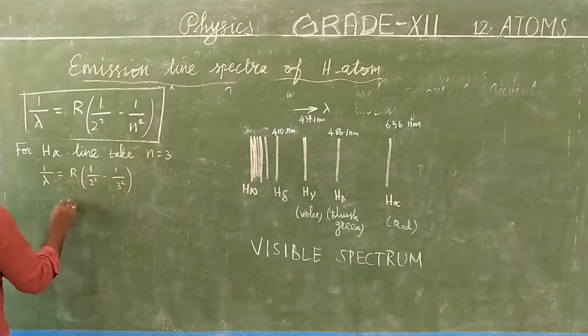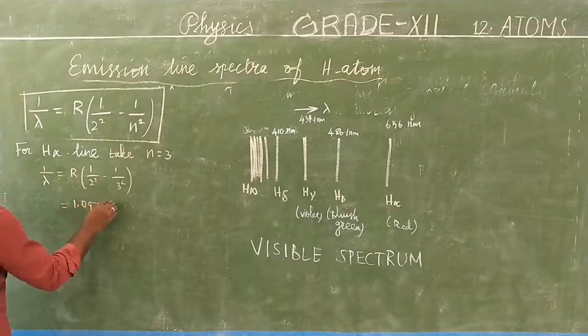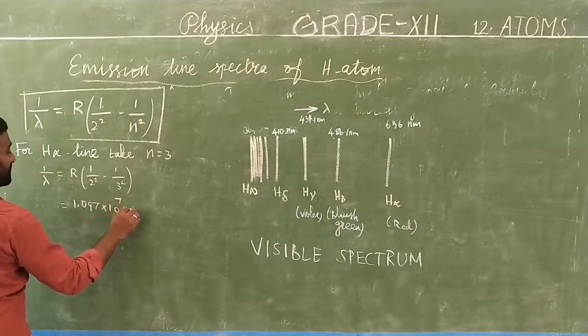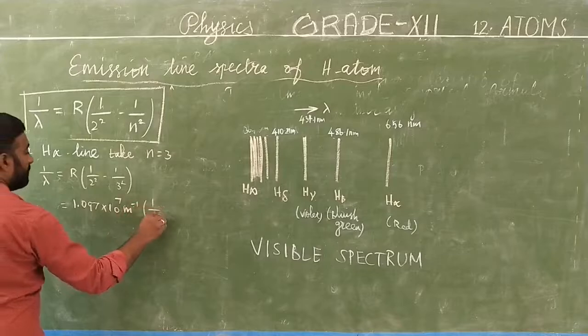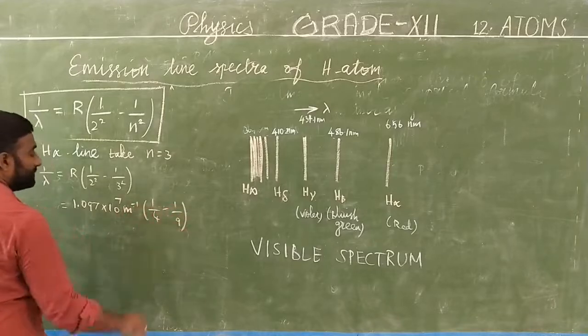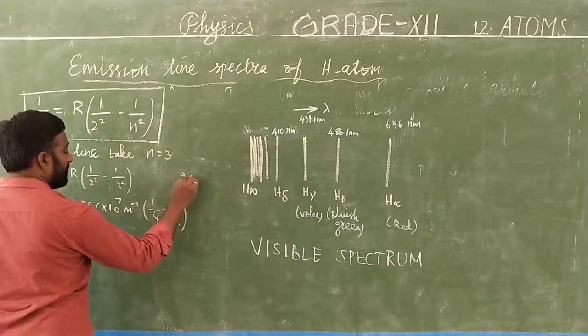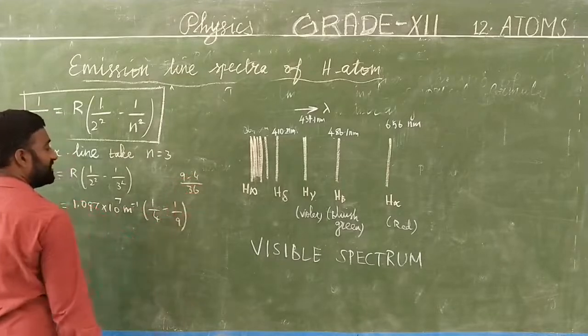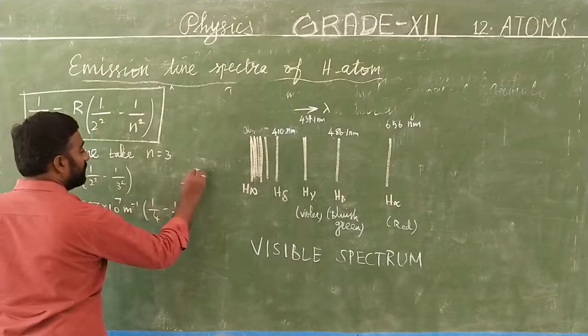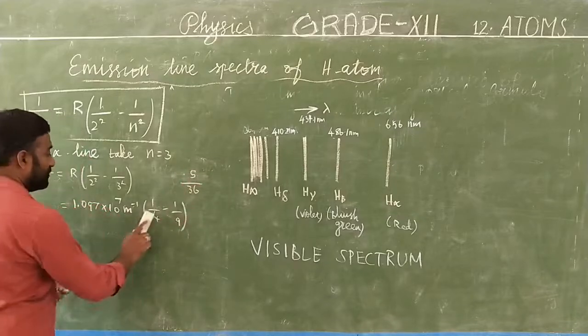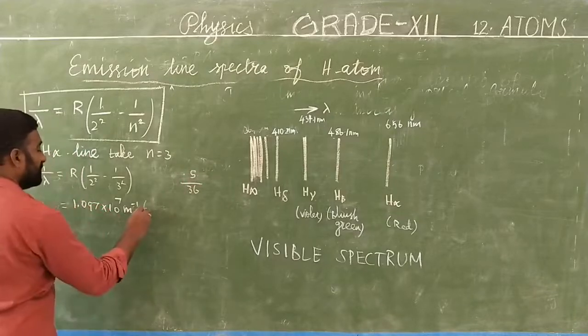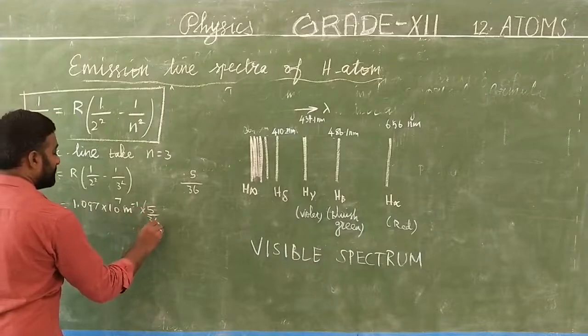So the Rydberg constant value is 1.097 into 10 to the power 7 meter inverse into 1 by 4 minus 1 by 9. So what will I get? 1 by 4 minus 1 by 9 is 9 minus 4 by 36, which is equal to 5 by 36.